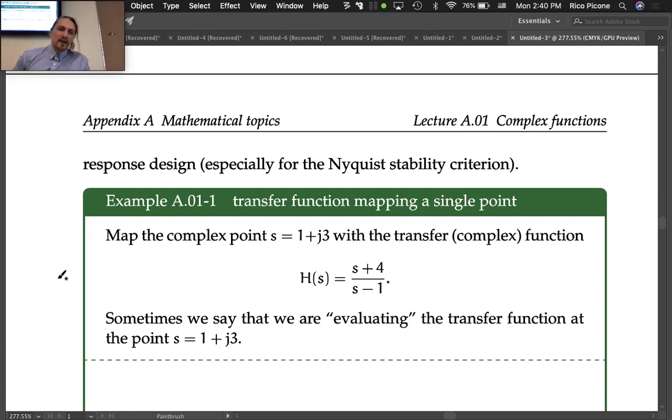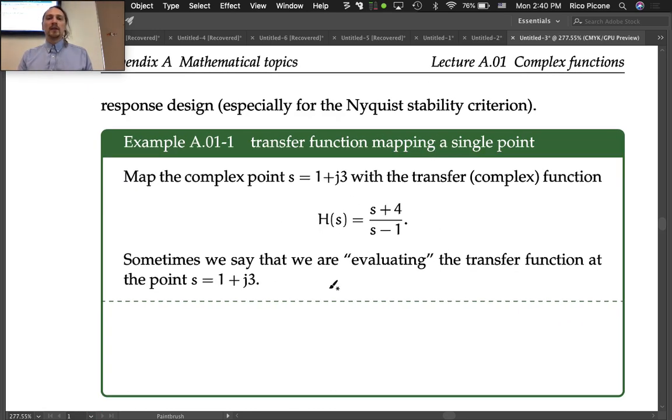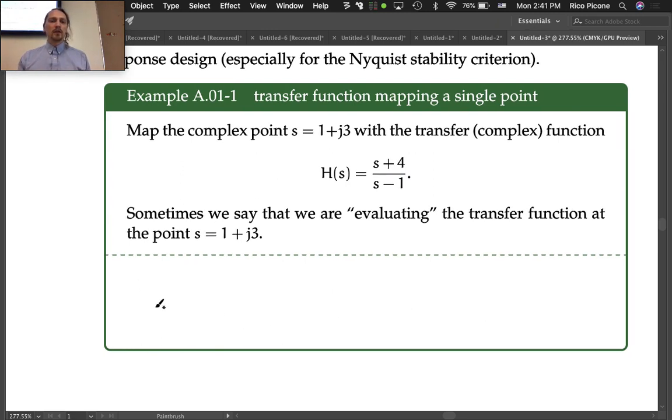So, a quick example of mapping a complex point. Map the complex point s equals 1 plus j3 with the transfer function given below, H. Sometimes we say that we are evaluating the transfer function at the point s equals 1 plus j3. It's a simple application of the concept of a function. H of 1 plus j3: wherever you see an s in the transfer function, you replace it with the 1 plus j3.